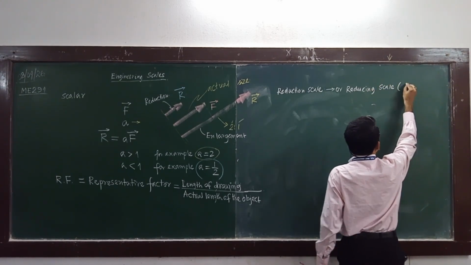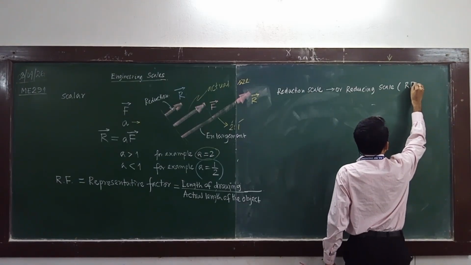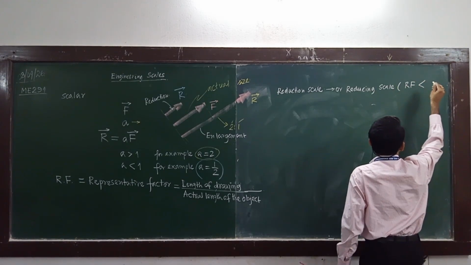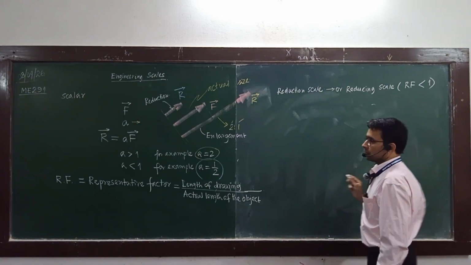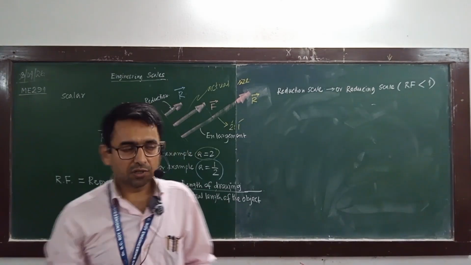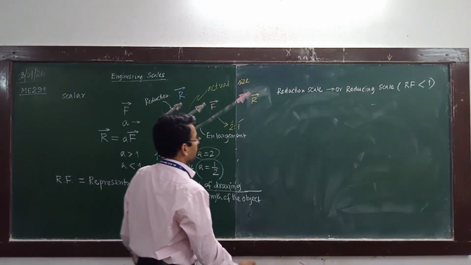That means where RF is less than 1. You are reducing from the actual size, so that is a reducing scale.